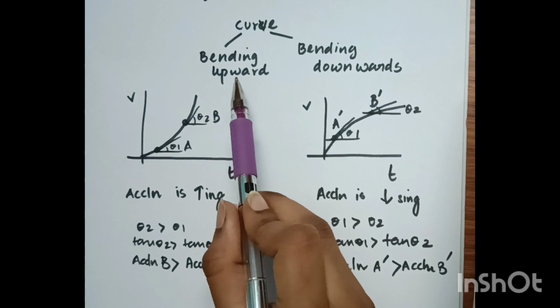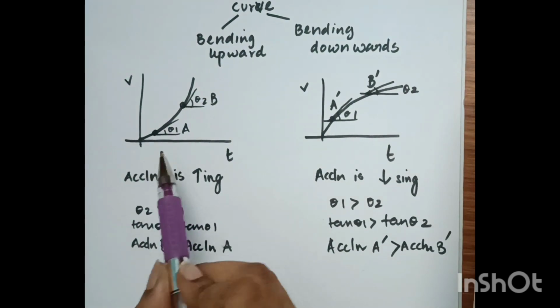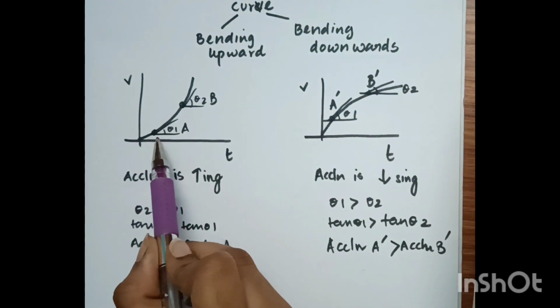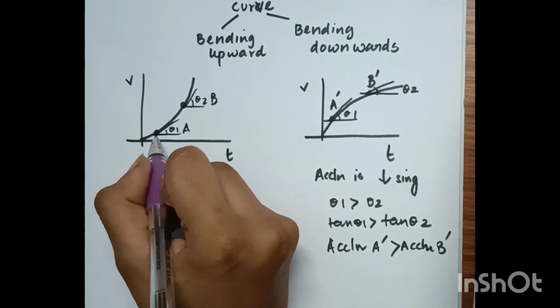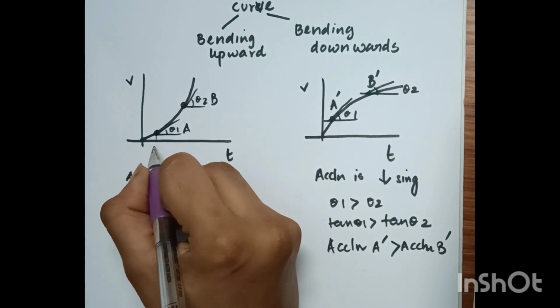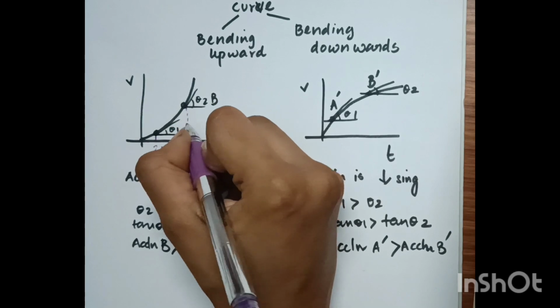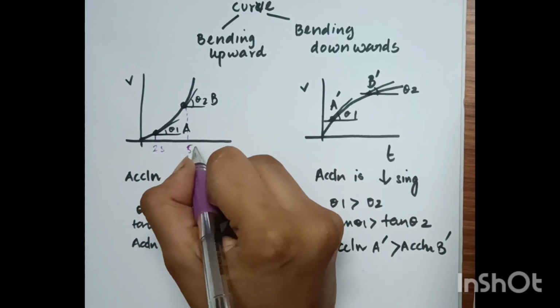First case, curve is bending upward. In this case, suppose this is time t1, let us take it as at 2 seconds, and let us take this to be 5 seconds.